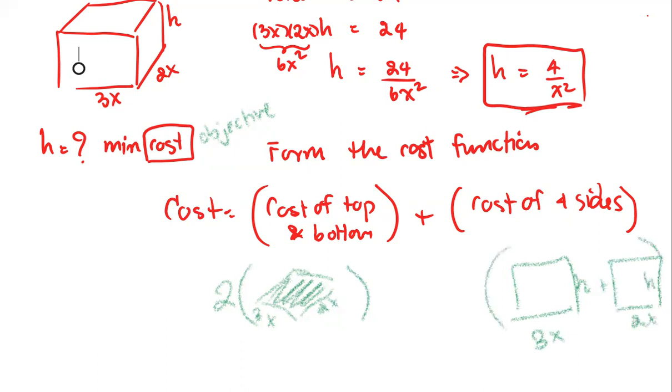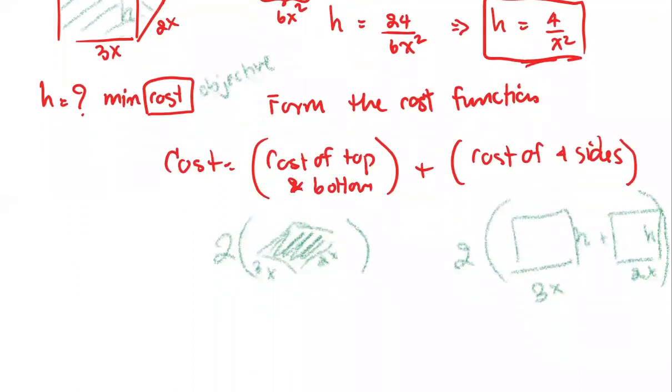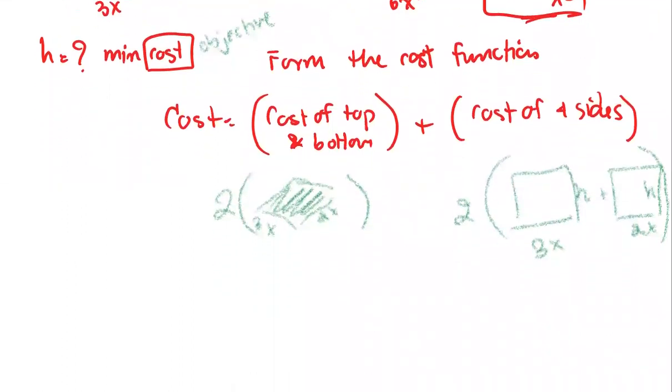Does it make sense? So this side and the opposite are 3x by h, and this side and the opposite are 2x by h. You guys okay? Okay, follow so far.